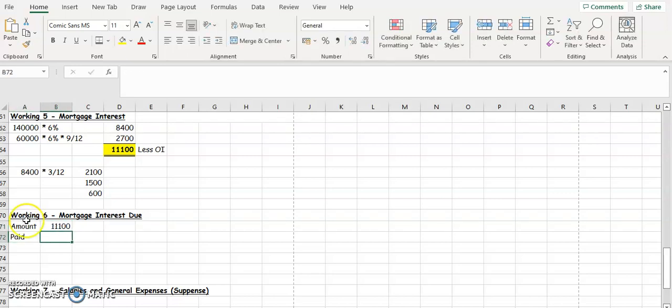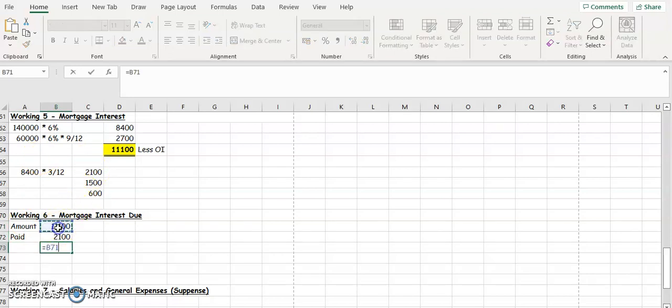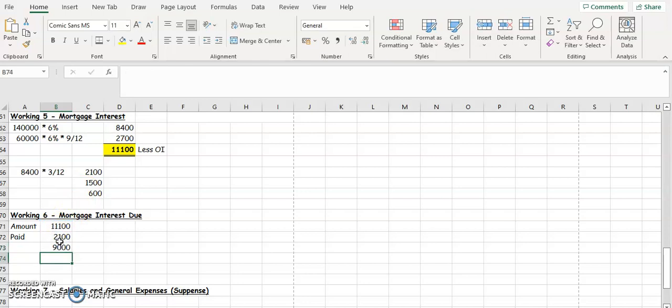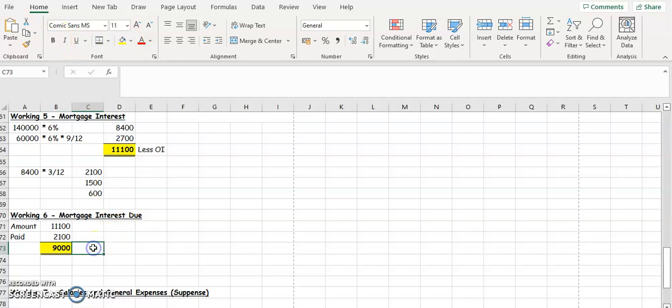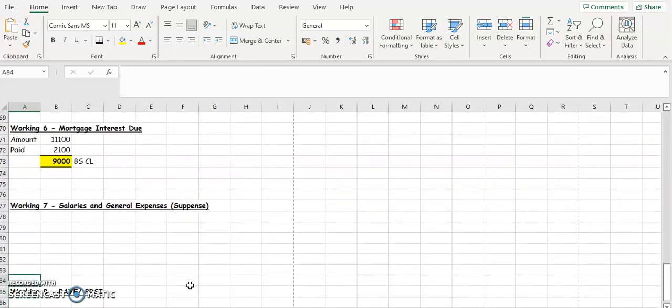We paid this 2,100. So what's due is this 9,000. So 9,000 is going to go into your balance sheet as a current liability. We then set our general expenses then that we need to correct.